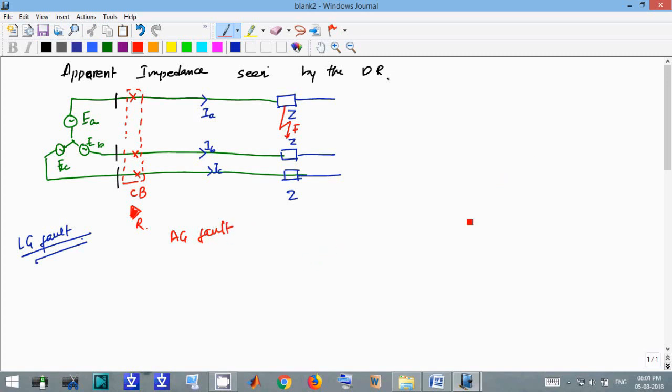So if we draw the sequence component diagram, it will be like this. This is our generator's positive sequence, negative sequence, and zero sequence components. Let me draw the diagram first, then I will explain.